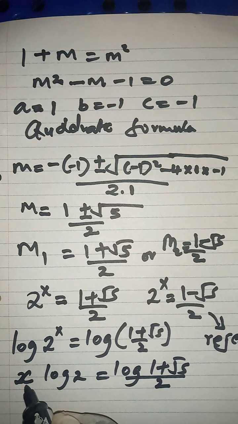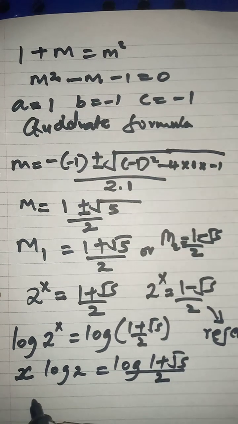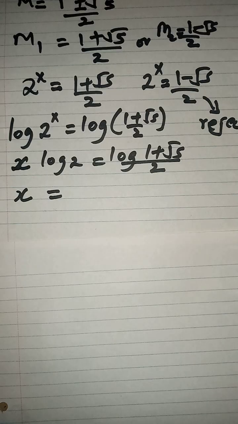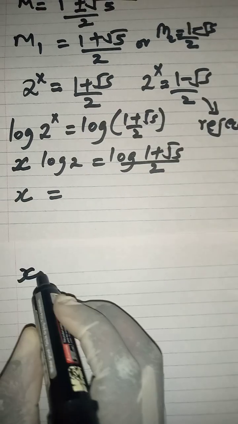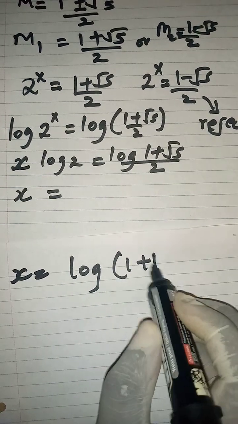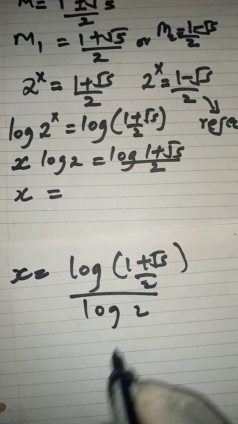Then for me to remain with the value of x, I'll divide everything by log 2. So x now becomes the log of (1 plus root 5) over 2 divided by the log of 2.